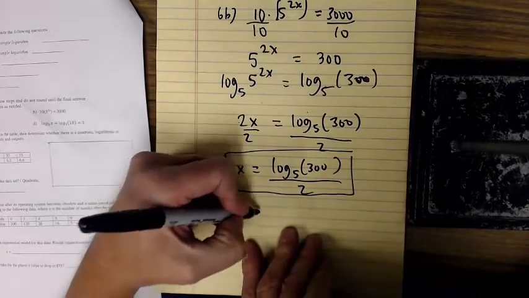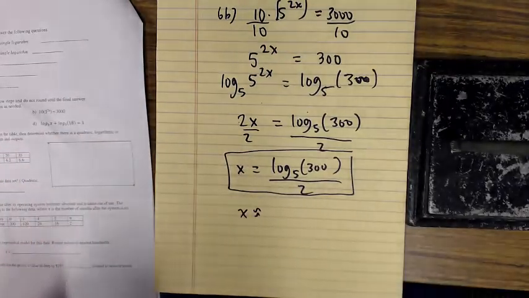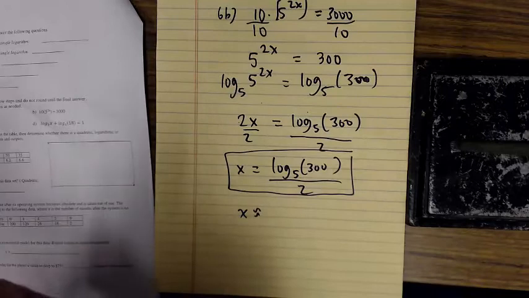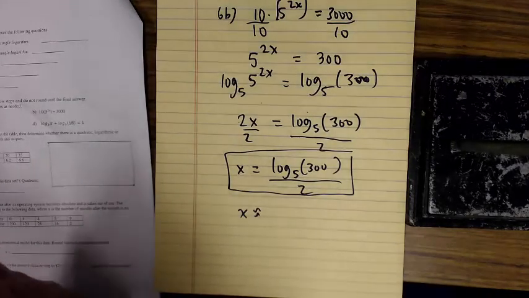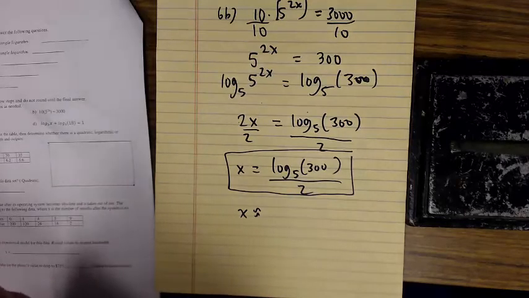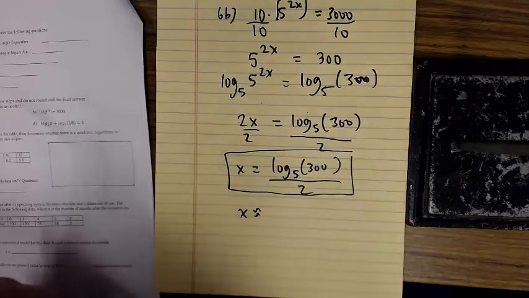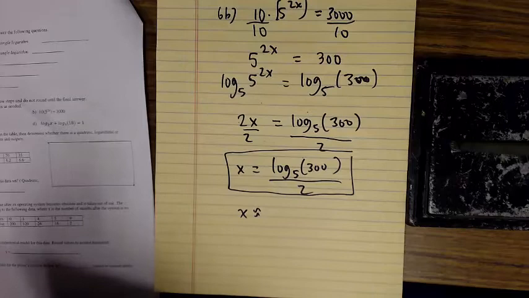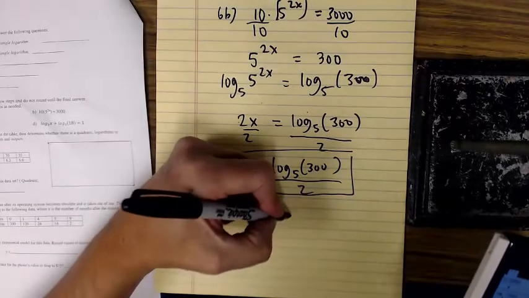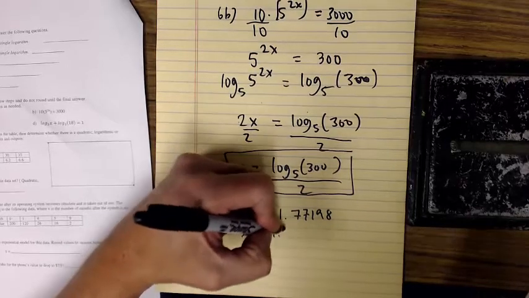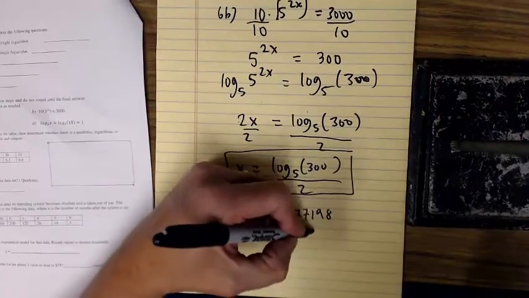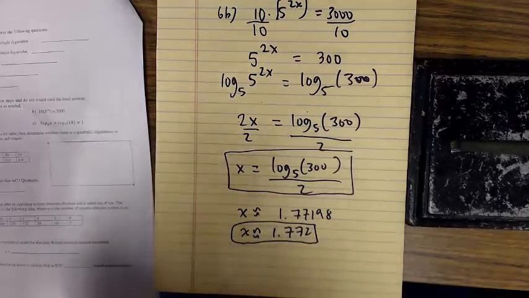If we want to compute it to say 3 decimal places, then we have to use the log base button, which there isn't a log base 5 button, but you have a log base button on your calculator. So if you go to catalog and go down to log base, then you will be able to do this, and you will get 1.77198, which rounded to 3 decimal places would be 1.772.